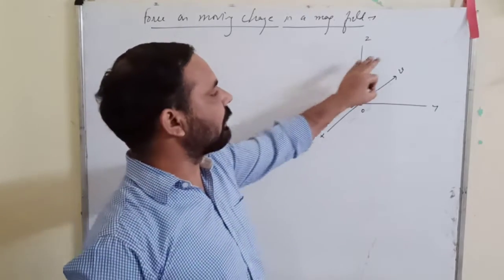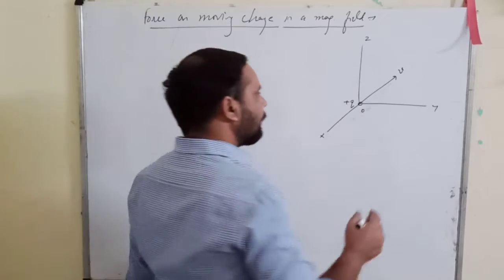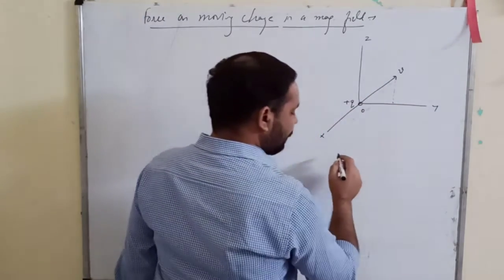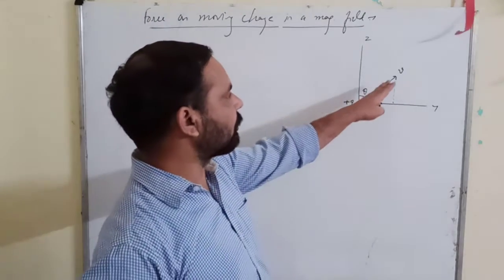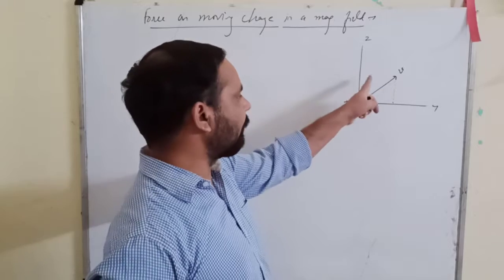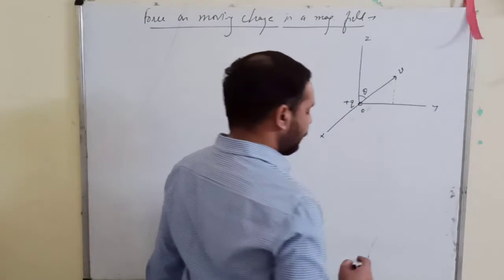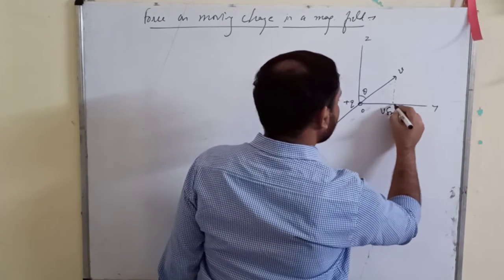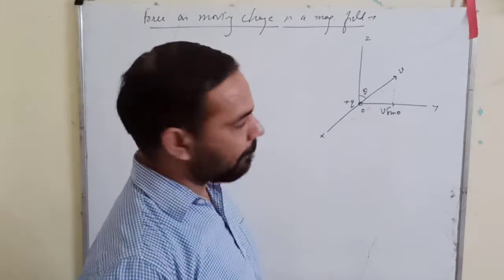For example, it is moving in the YZ plane. Then you draw the perpendicular, and if the direction of motion is at an angle of theta with the Z axis, then this component will be V sin theta.